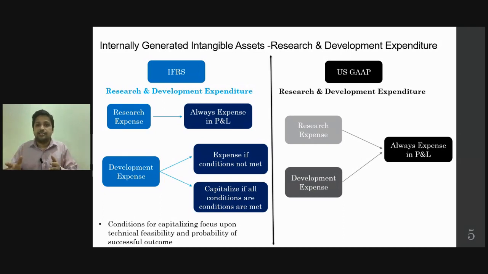In such cases, development expenditure may be capitalized in IFRS. However, if the conditions are not met, development expenditure needs to be expensed. In contrast, in US GAAP, both research and development expenditure will be expensed into the income statement regardless of meeting the conditions.